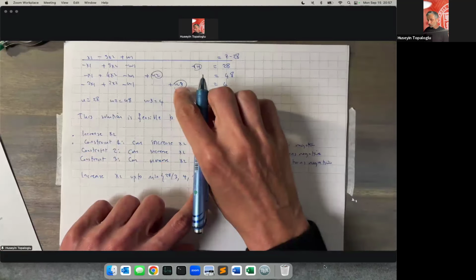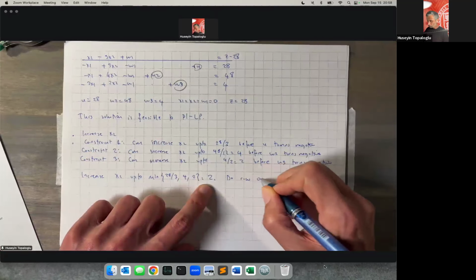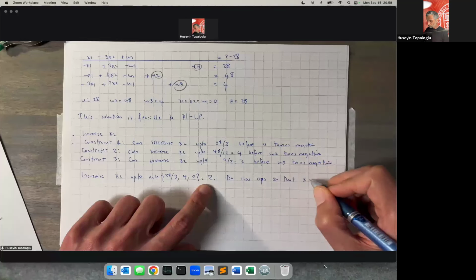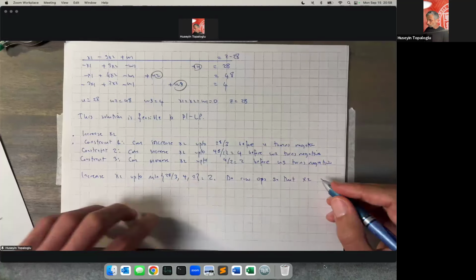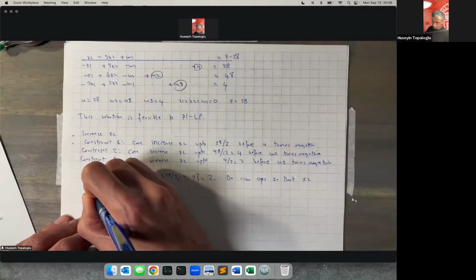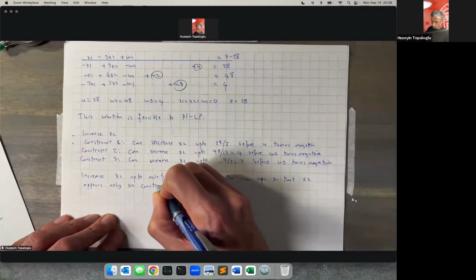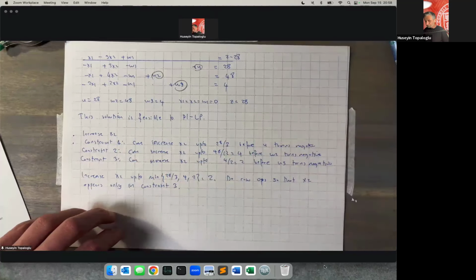We're going to do row operations so that x2 appears only in the third constraint row. Let's do those row operations.